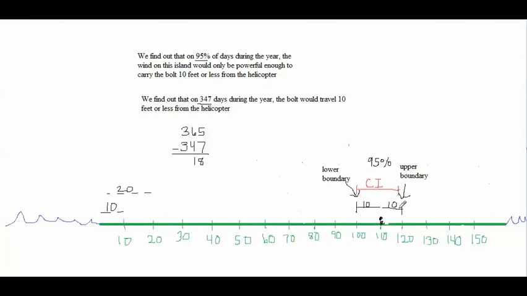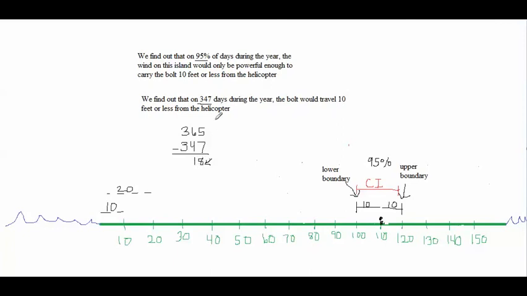We know that the only way that the helicopter's location could be outside of this interval is if the bolt fell on one of these 18 days on which the bolt would be capable of traveling more than 10 feet. And we know that there's not a very good chance of that. If the bolt fell randomly, there's not a very good chance that it would have fallen on one of these 18 days, simply because this isn't a large number of days.